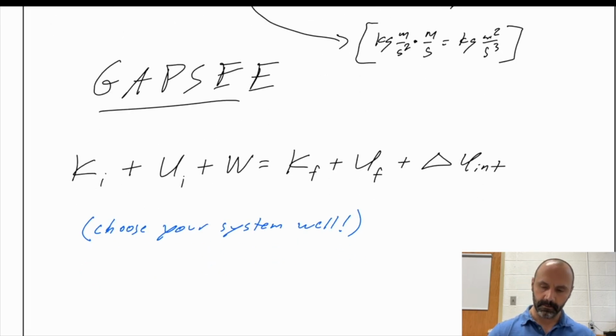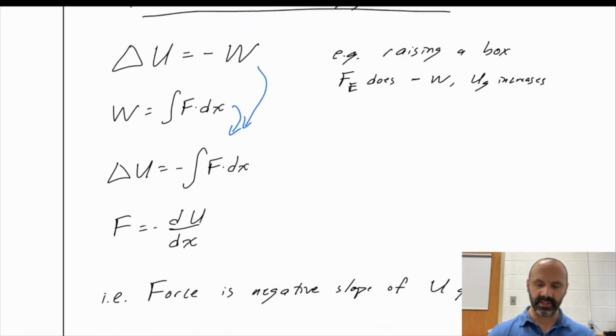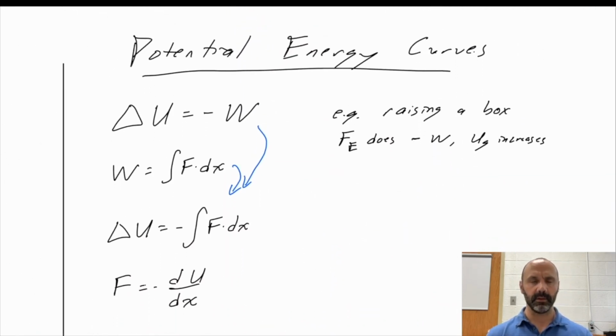Okay. Related to that, potential energy curves, kind of a big thing. It'd be a little bit confusing. It's based on this idea that the change in potential energy is equal to the negative work done by that force. One thing to keep in mind is that any potential energy is due to some kind of force, right? So there's gravitational potential energy because there is a gravitational force.